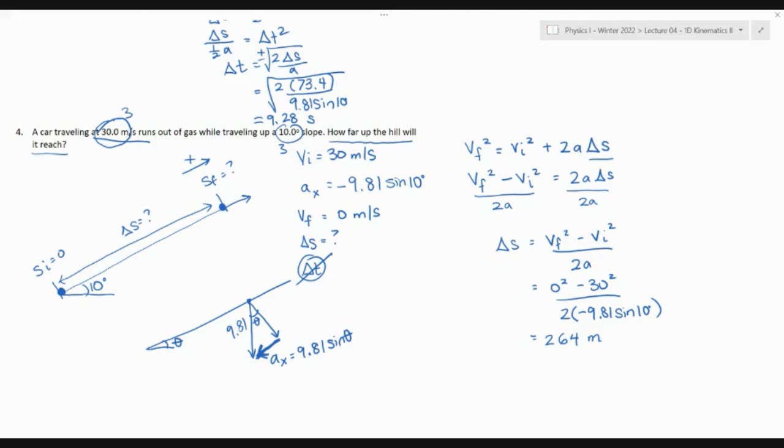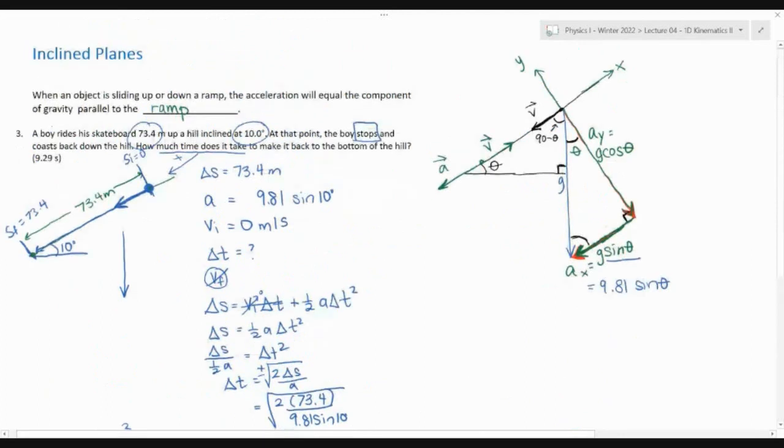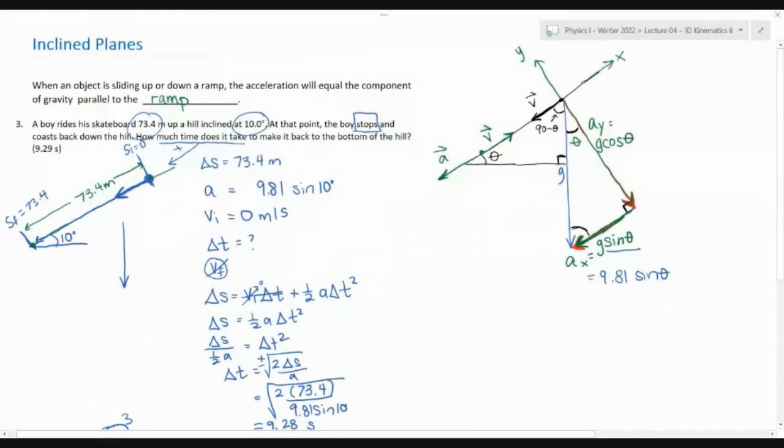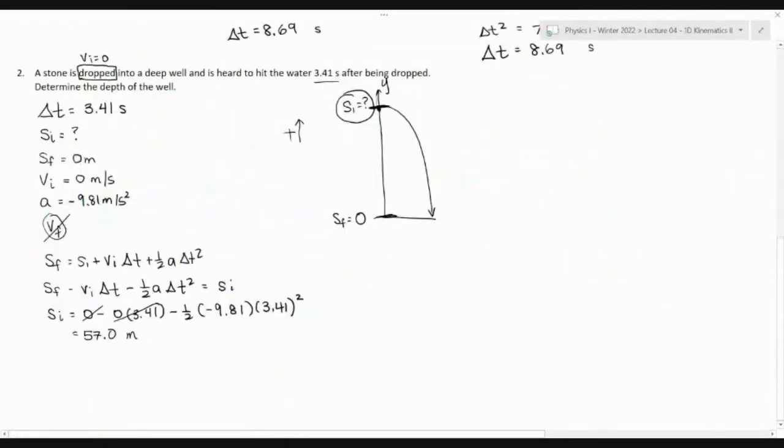Okay, I'm going to take a look at question 2 quickly again. In question 2, a stone drops and hits the bottom of the well. So when this stone hits the bottom, the final velocity is not 0. The velocity is getting faster and faster. As the object is dropped into the well, it starts off with an initial velocity of 0.